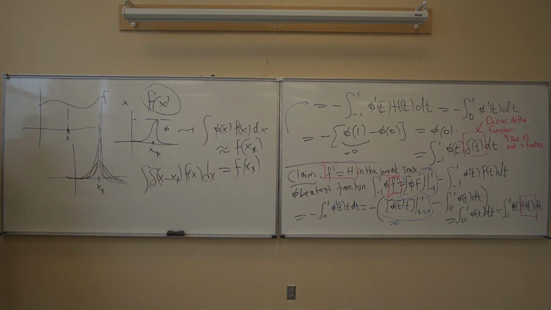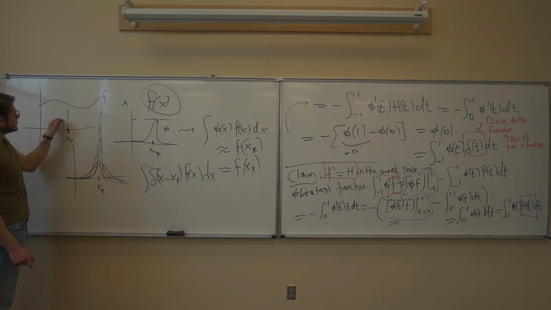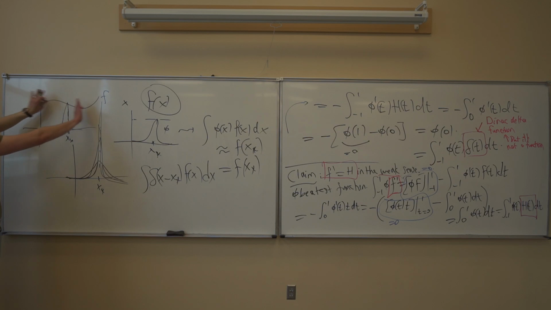Okay? So if you want to figure out the value of f at x star, you look at a bump function whose climax is near x star. You multiply this by this so that you get rid of everything else. You take the average. That gives you an approximate value for f of x star.